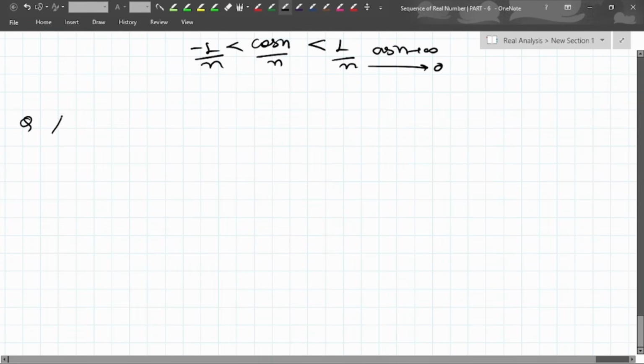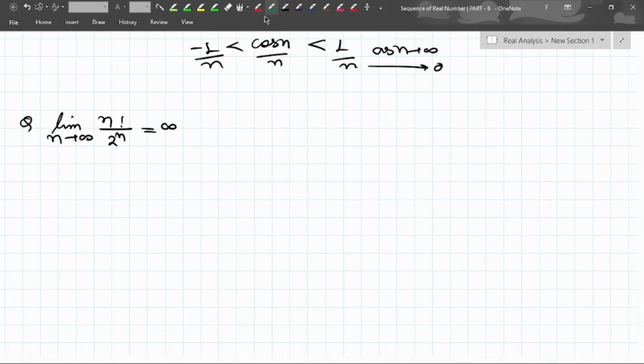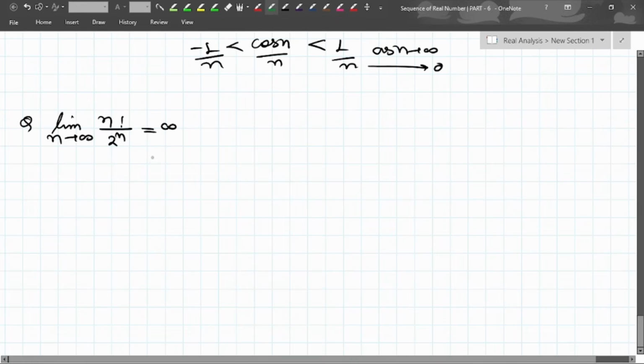Let's say I want to calculate the limit n tending to infinity of n factorial over 2 power n, and its limit is infinity. Why is its limit infinity? Let's say this is my an, that is n factorial over 2 power n. I will use an plus 1 divided by an.